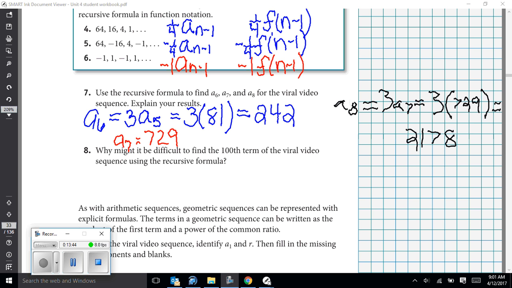All right, so questions on how we got stage 7. Right, 242 times 3 is 729. Then for stage 8, you take 729 times 3. Oh wait, hold on. What's wrong with my number? It's supposed to be a 3.